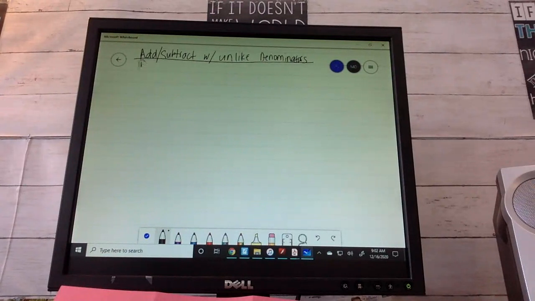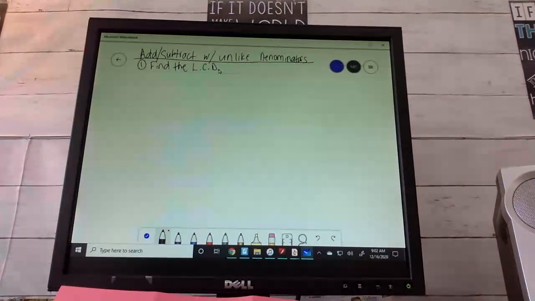Step one, we're always going to find the LCD. What does LCD stand for? Least common denominator. If you remember, if it was yesterday, if not yesterday, Monday, I said you can use the ECD, which is the easy common denominator, if you so choose.